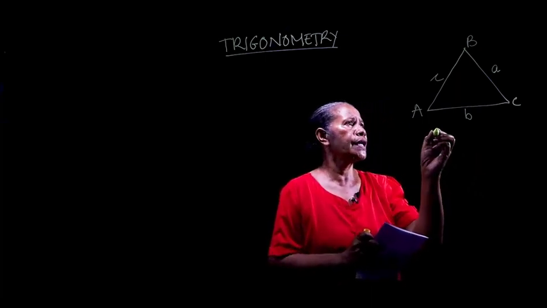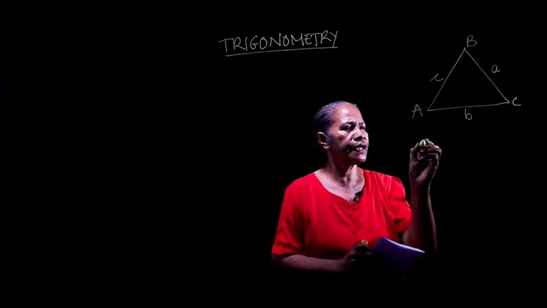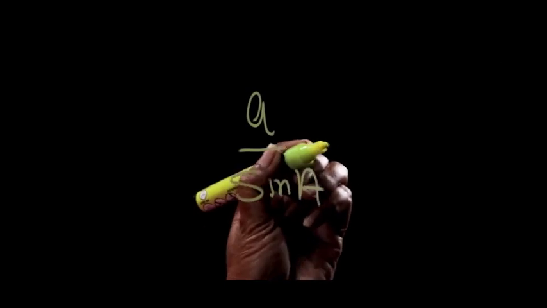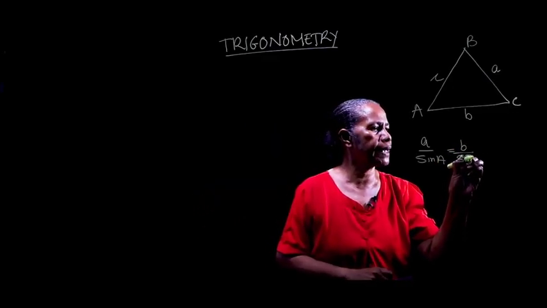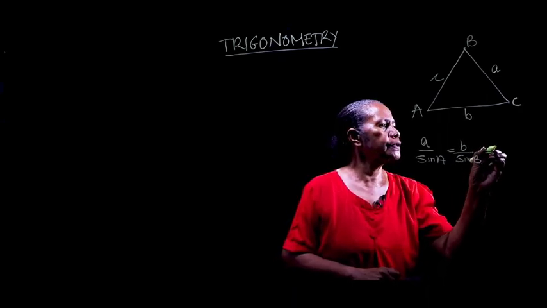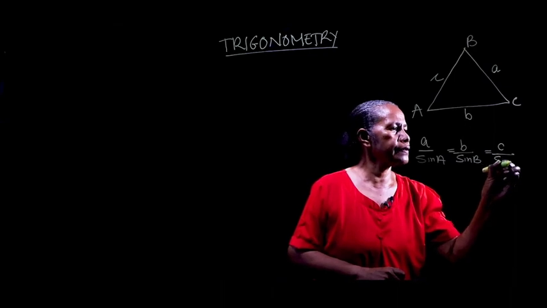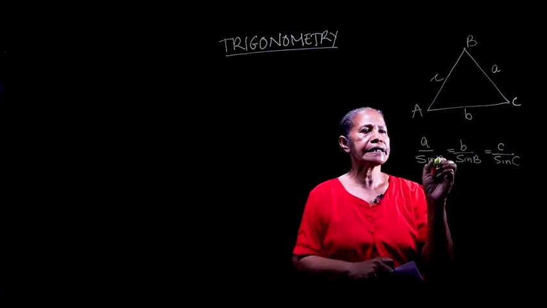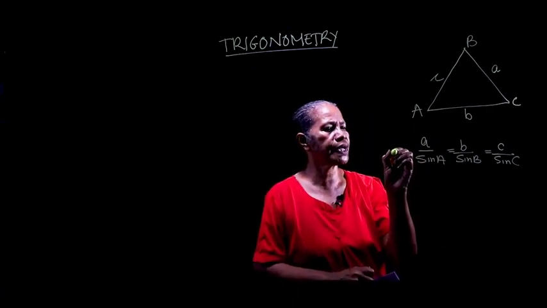In order to find the missing side, I will have a over sine A is equal to b over sine B is equal to c over sine C. So this one is to find the missing side.